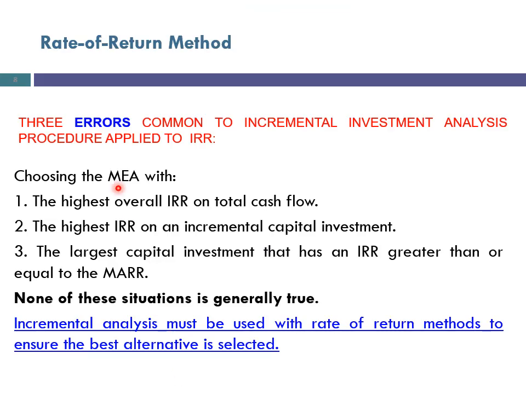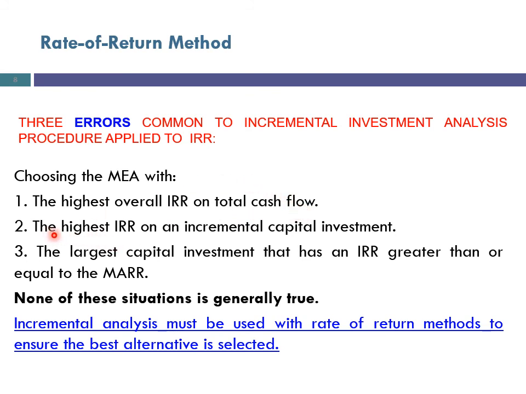While implementing these rate of return methods to select one of the alternative projects, usually three types of errors are made. These are common errors. What are they? Selecting the mutually exclusive alternative which has the highest overall internal rate of return on total cash flow. This is not correct. It is an error, and in most cases it will provide you a wrong decision.